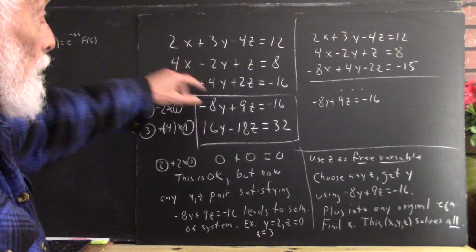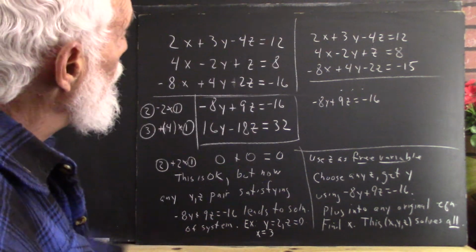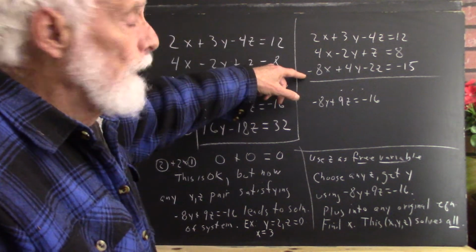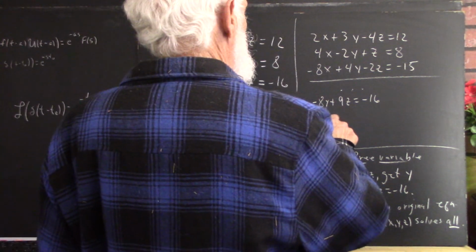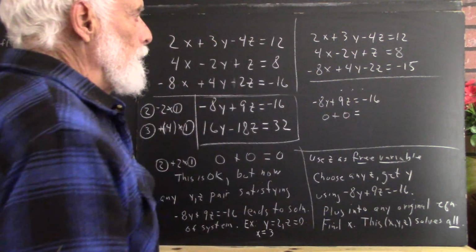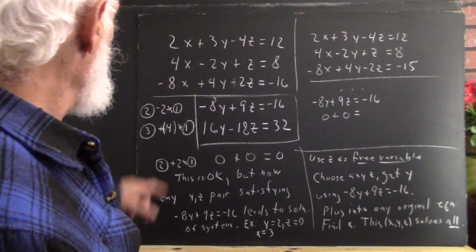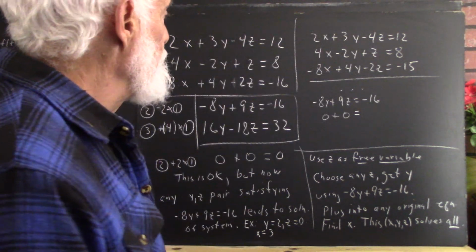Just as before, we haven't changed the first 2 equations. But when we add 4 times the first equation to the third, we get 0 plus 0 equals, let's say we did 4 times the first and added it to the second.